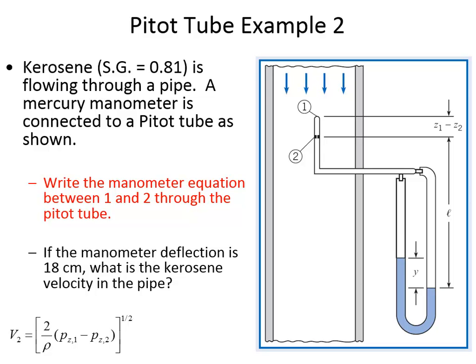So if we combine the result of the manometer equation and the pitot tube equation, and we have to know what the unit weights are that we should be using.